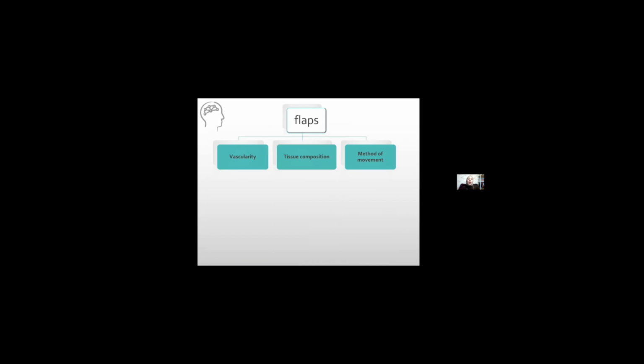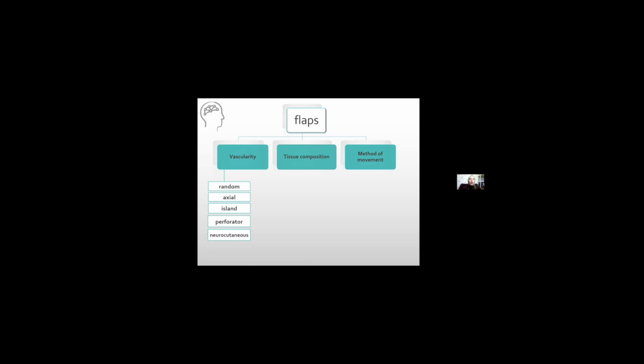Now, flaps are classified according to three important principles: vascularity, tissue composition, and method of movement. According to vascularity, there are five important types of flaps: random, axial, island, perforator, and neurocutaneous flaps.